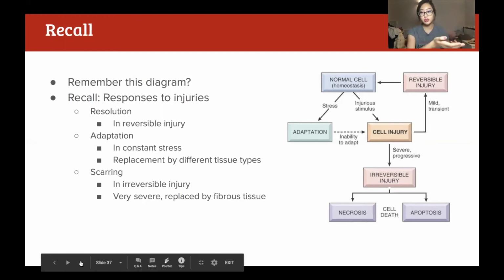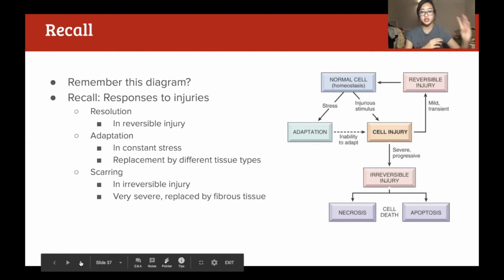Here you can see that we're calling it resolution, or the injury can be irreversible, and in that case you would either have scarring, or you would have necrosis or apoptosis happening, and because of that you would therefore have loss of tissue, and this is when this part of the lesson comes in handy as a continuation from the previous lesson.